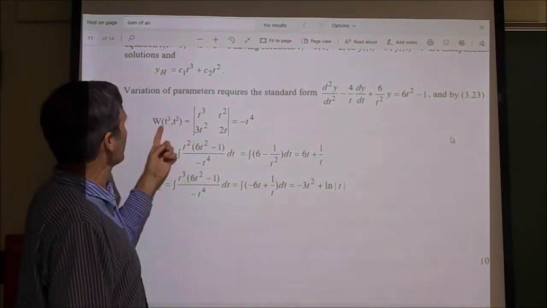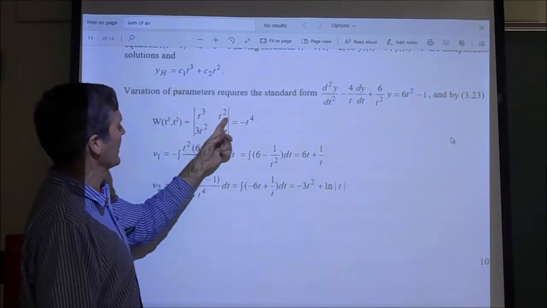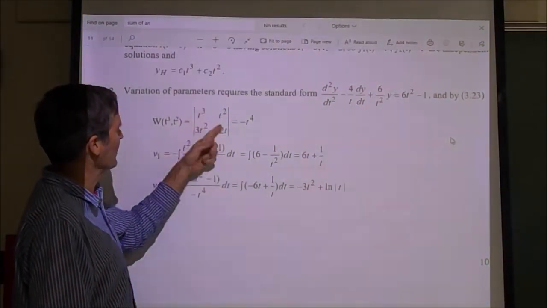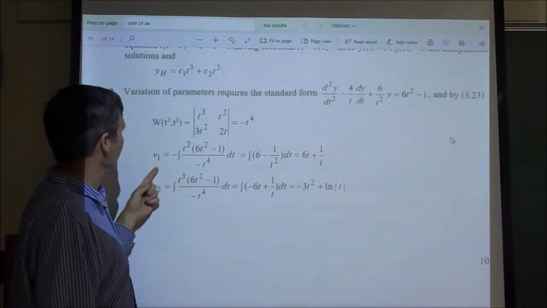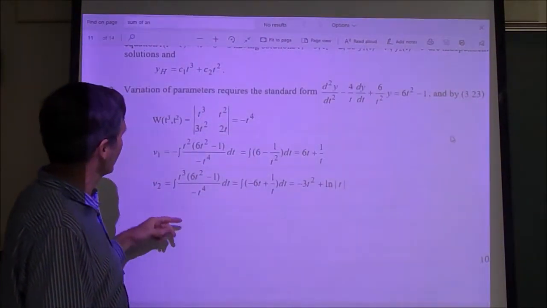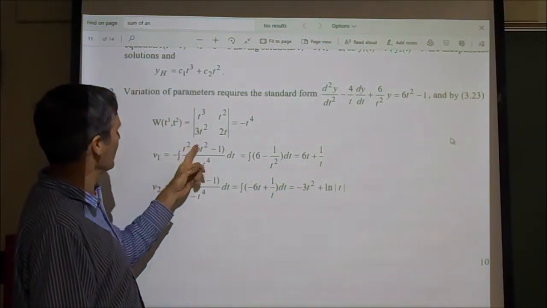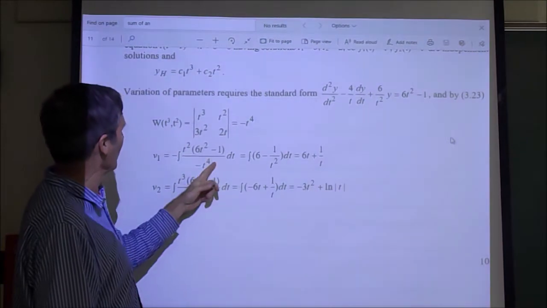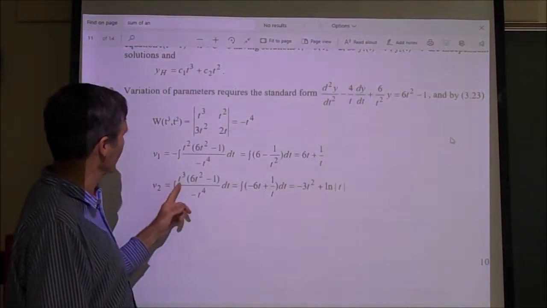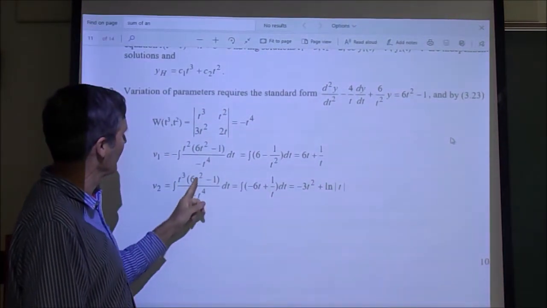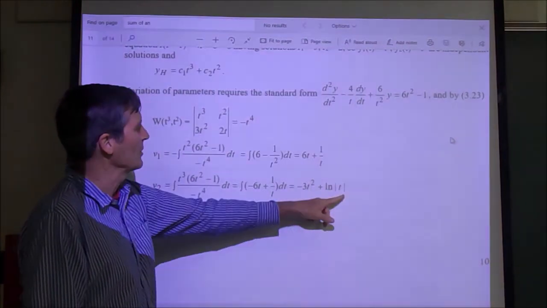Here's what we do. We compute the Wronskian. t cubed and t squared are two independent solutions of the homogeneous problem. Take their derivatives: it's this times this minus this times this, and you get minus t to the fourth. You get v1 and v2 by integration. You take minus y2 times f over the Wronskian, and it comes out to be this integral. v2 is y1 times the right-hand side f over the Wronskian, and you integrate it and get this.